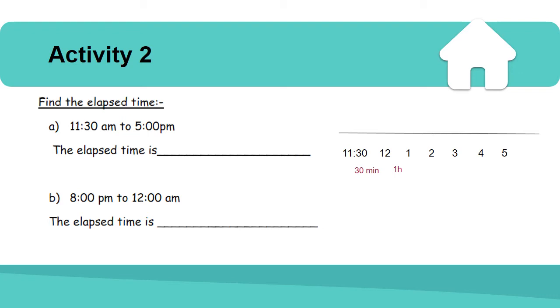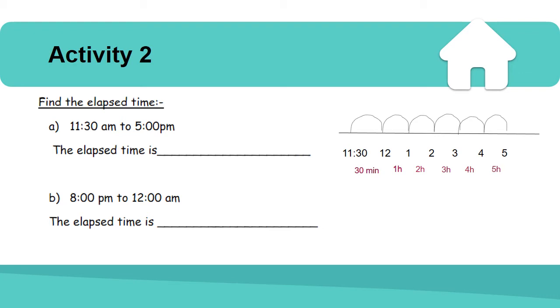Then let's go. Here is 30 minutes. From 11:30 to 12, only 30 minutes. Then from 12 to 1, 1 hour. Then 2 hours, 3 hours, 4 hours, and 5 hours.